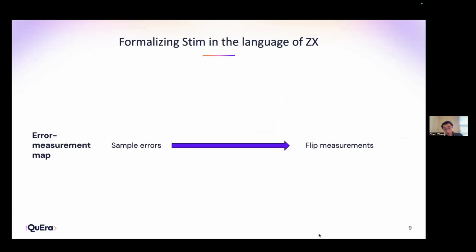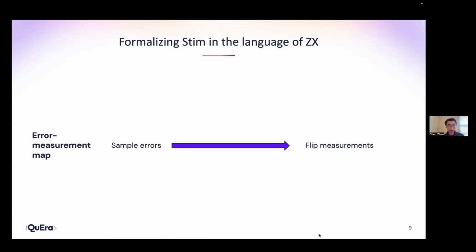And typically in quantum error correction, the number of shots is much larger than the number of measurements and larger than the number of physical qubits. And in tsim, we want to replace this methodology using the language of ZX calculus.